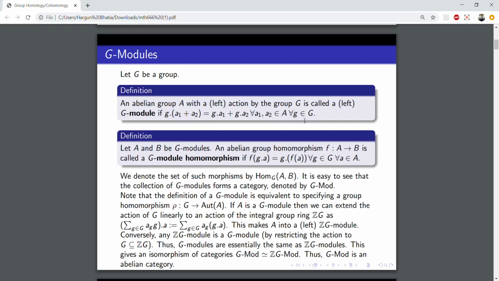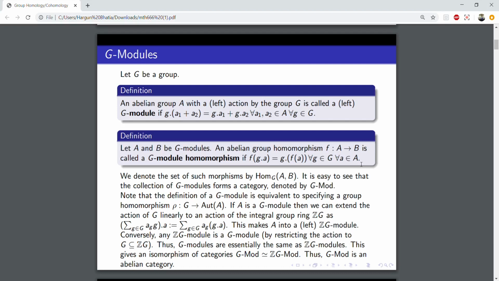Then we would like to define morphisms between such G modules. Natural thing to do. If you have two G modules A and B, we say a map f from A to B is a G module homomorphism if first of all it's an abelian group homomorphism, but it should also preserve the action of G. So f(g·a) = g·f(a) for all g in G and for all a.